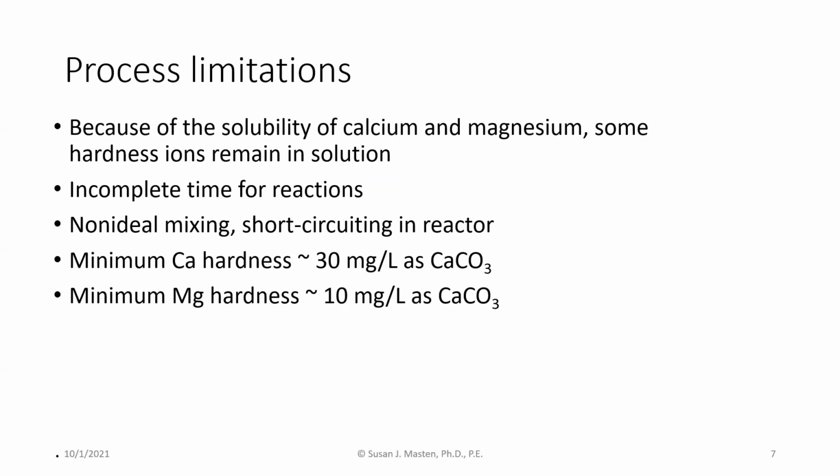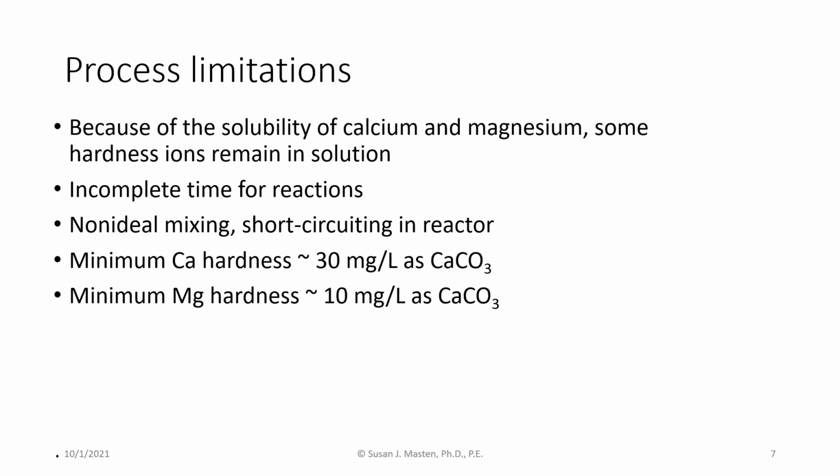In terms of the actual process limitation, the 40 milligrams per liter magnesium is typically what we design what we call a split system for, in order to reduce the problems dealing with precipitation on heating elements.